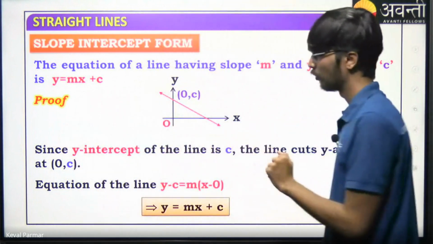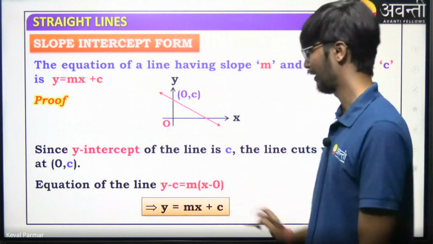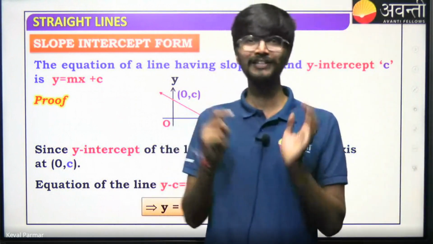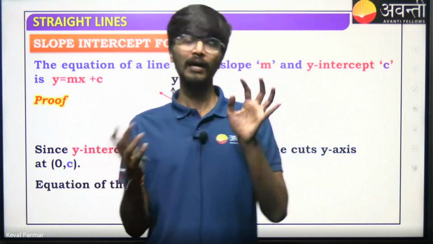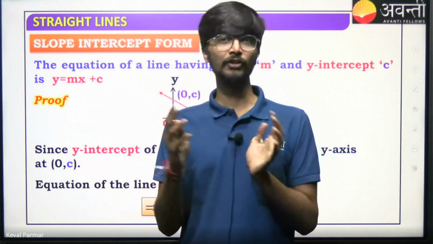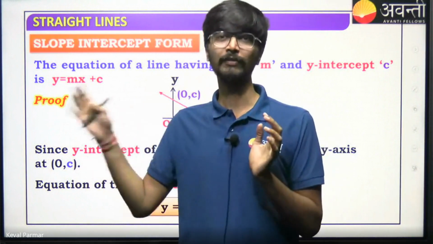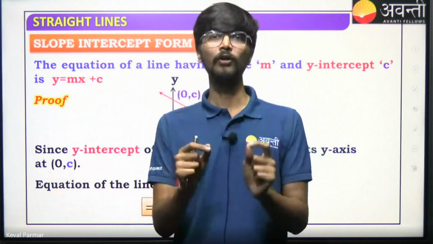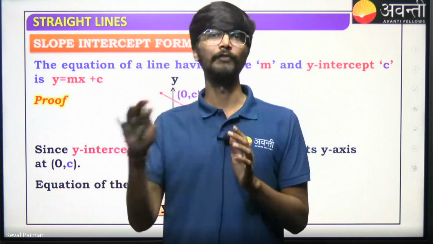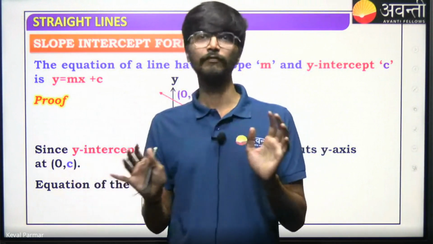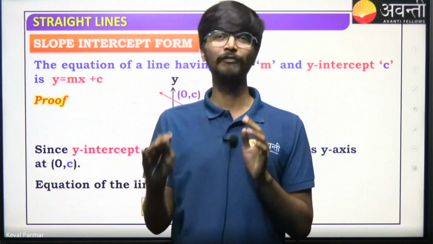Now let me tell you, in the last lecture I told you that whatever form of equation of line we know, we will always get back to slope point form, because that is the basic form. That's why I prefer to use slope point form.